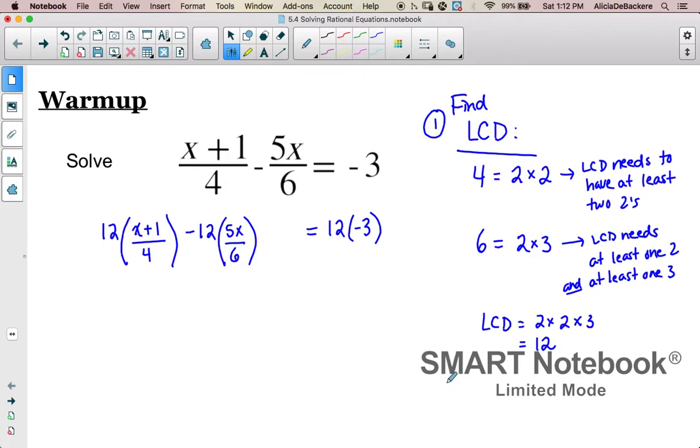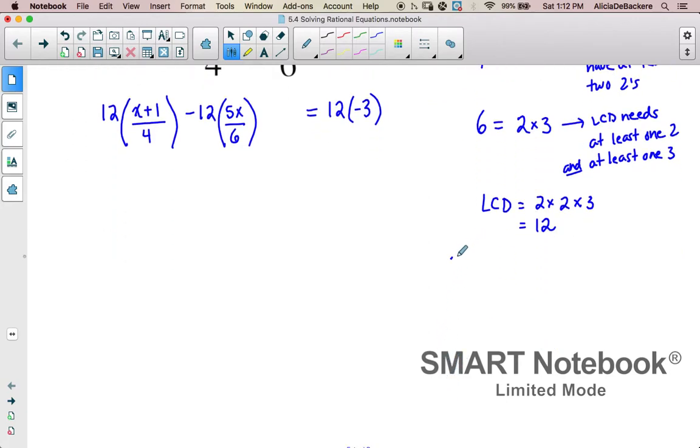So my second step here is the same process that I'm going to use for my algebra. Now what I'm going to do is cancel, and I should be able to cancel away all of the denominators. I look at my lowest common denominator that I've multiplied by and my denominator, and I just divide those two numbers.